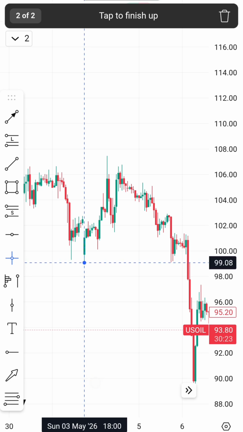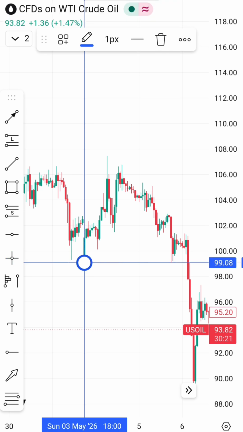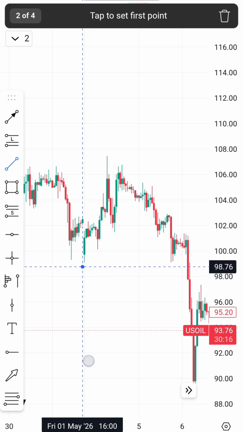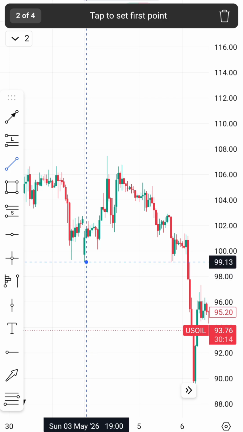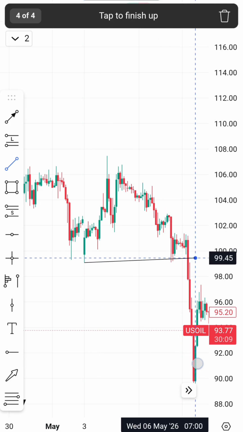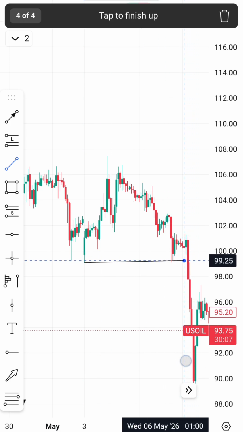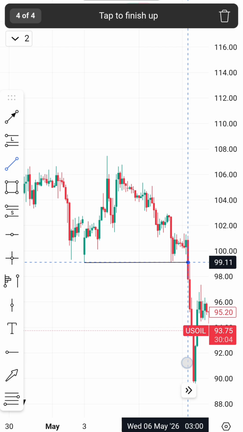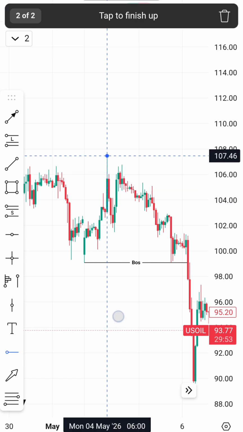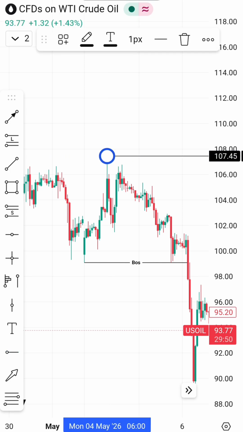So you come, since at this zone, you mark this as your lower low. And as you can see, the market broke that zone. And that is what we call break of structure. And now, which is our new lower high? That is our new lower high.